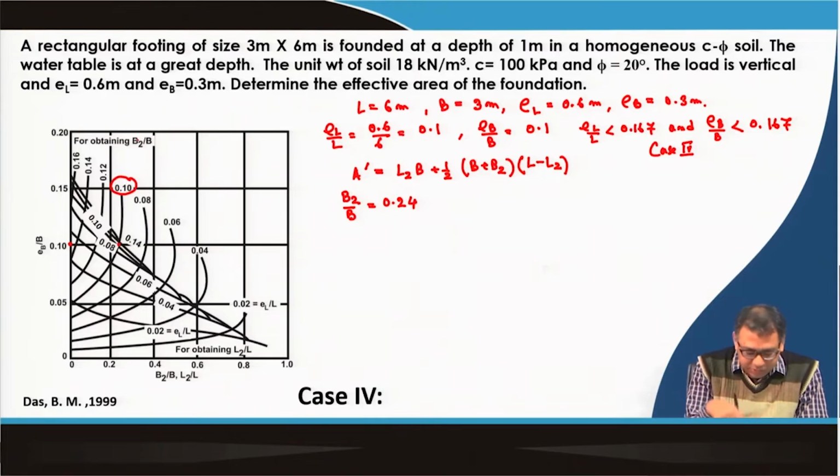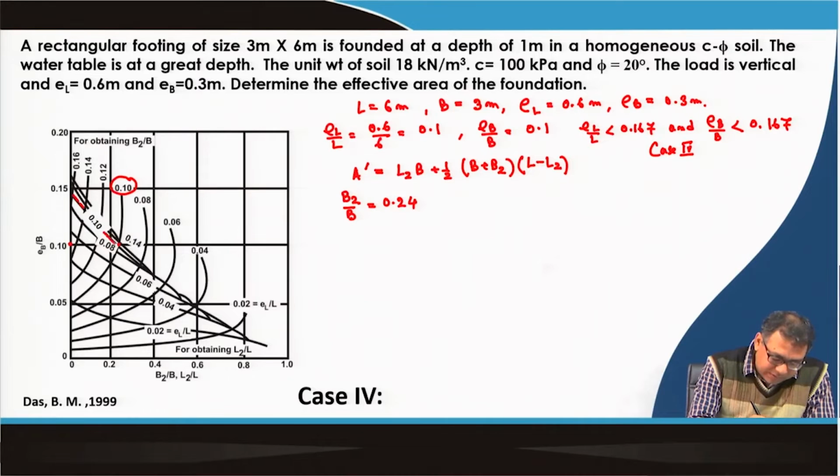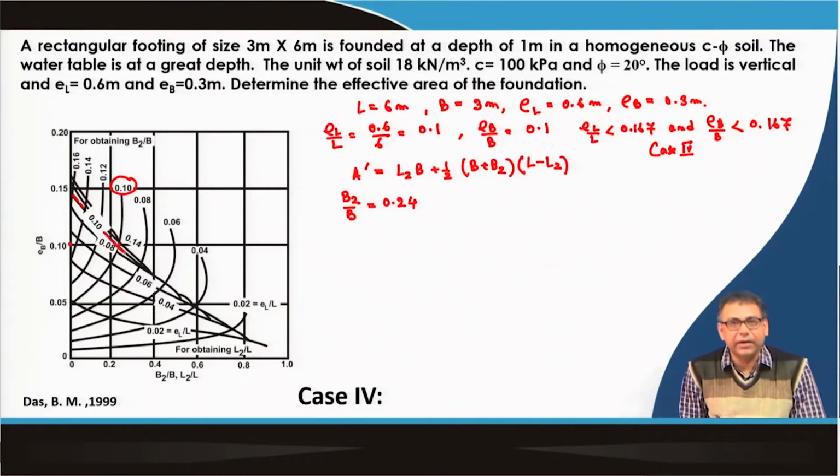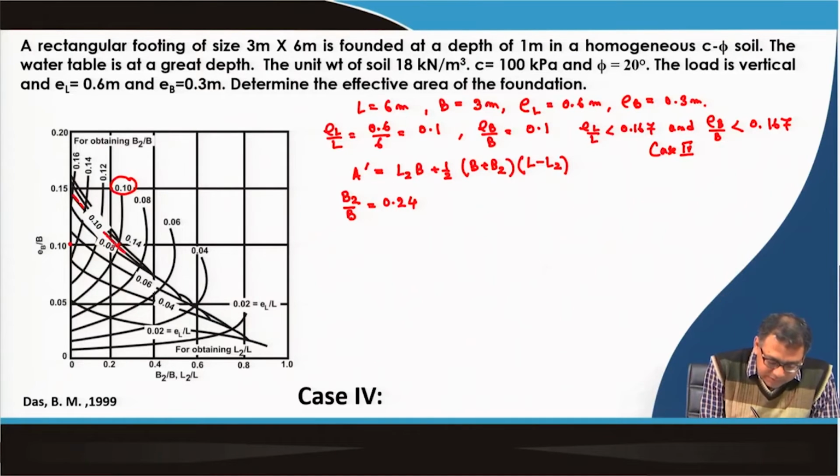Now, for the downward curve, these are the values: 0.02, 0.04, 0.06, 0.08. So, this is the line which is coming from here and passing from here, and roughly it is passing from here.